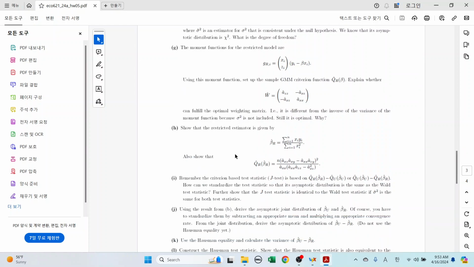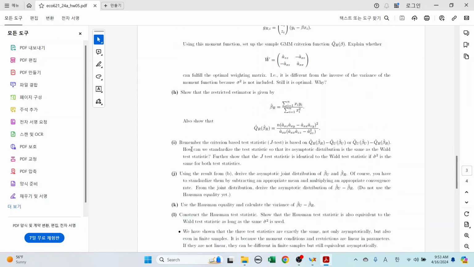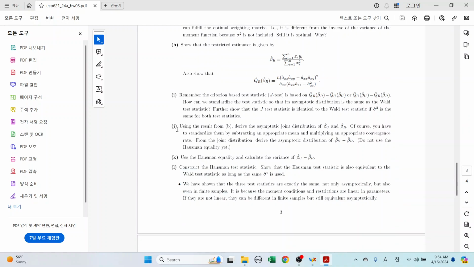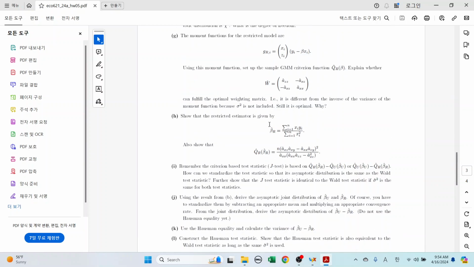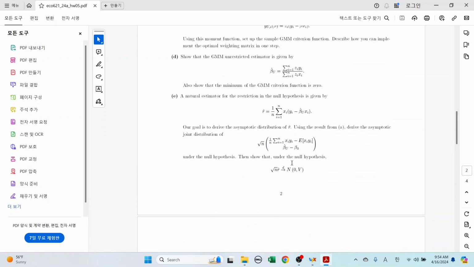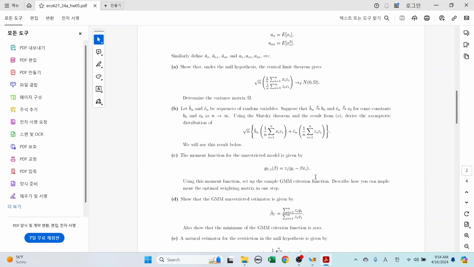H is the restricted estimator. I is about the J-test, a criterion-based test. J is the asymptotic distribution for that. K is the Hausman test, and L is the Hausman test as well. So let me start from the unrestricted and restricted model.